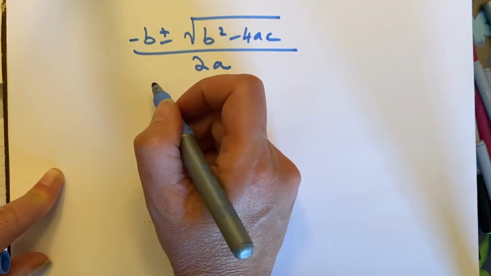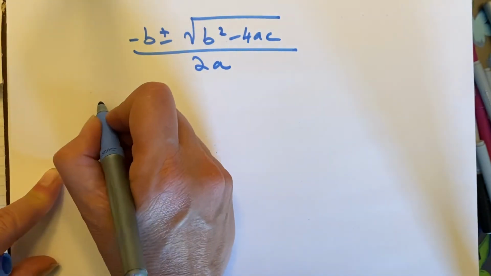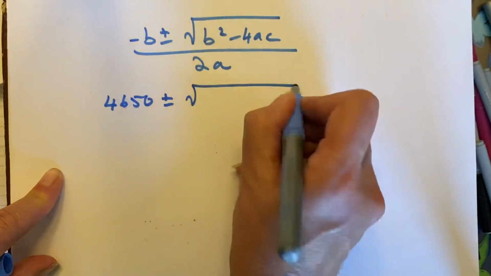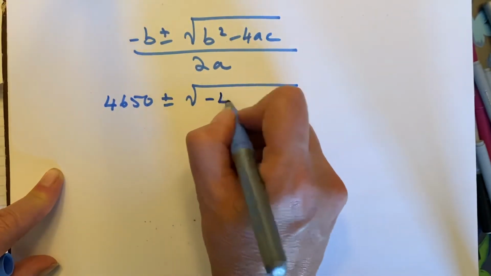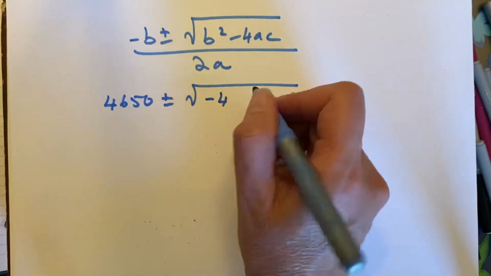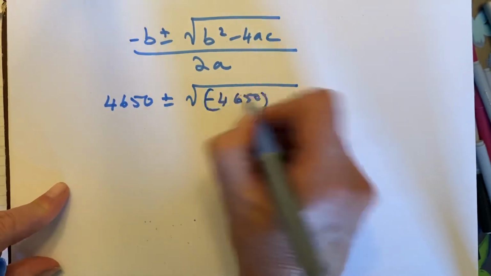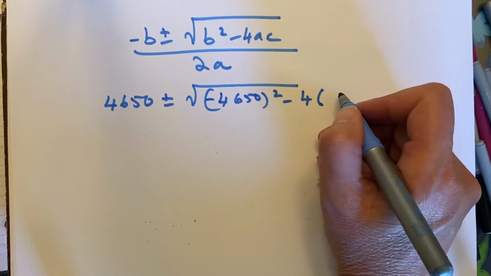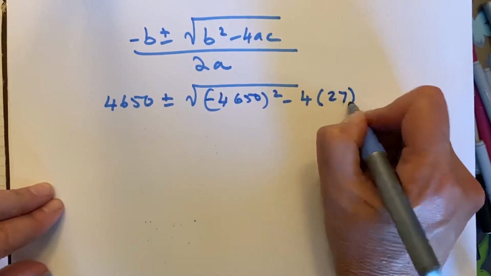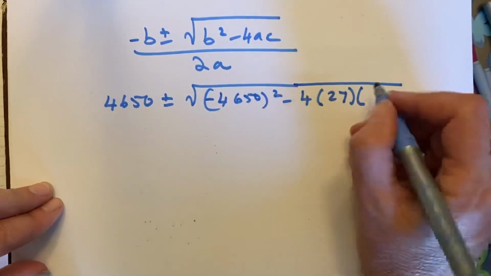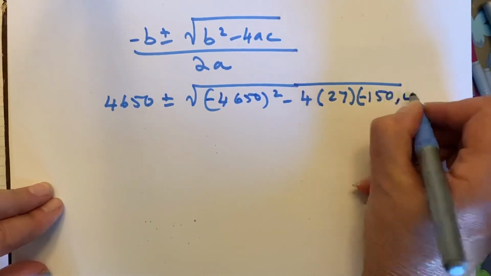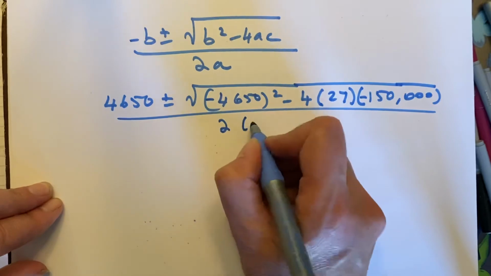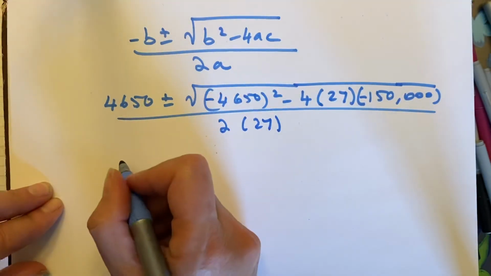And I'm going to plug in the numbers I just found: my b is negative 4650, so negative b is 4650, plus or minus the square root of 4650 squared minus 4 times a, which is 27, times c, which is negative 150,000, over 2 times a, which is 27.